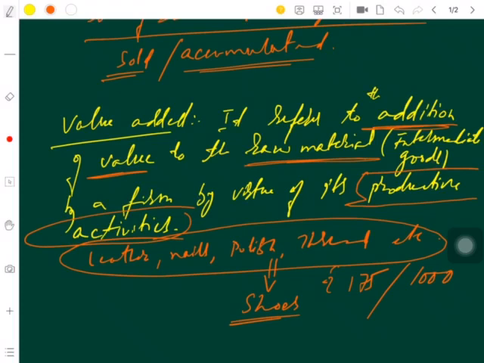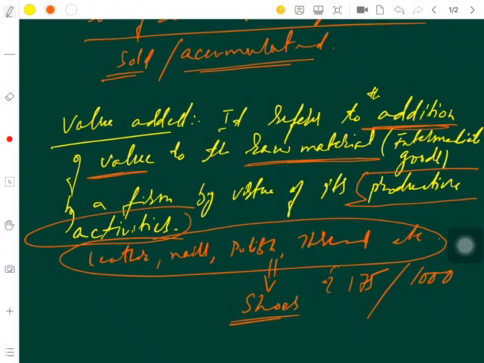So that simply means that this enterprise is adding a value to the raw materials, and that is the main difference, or main definition, of value of output and value added.